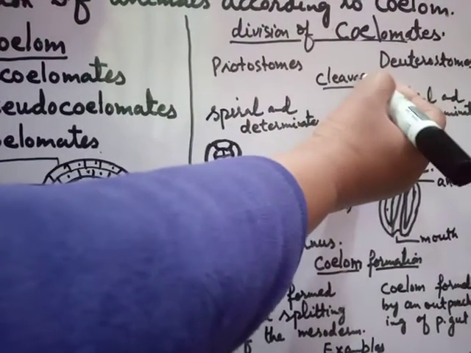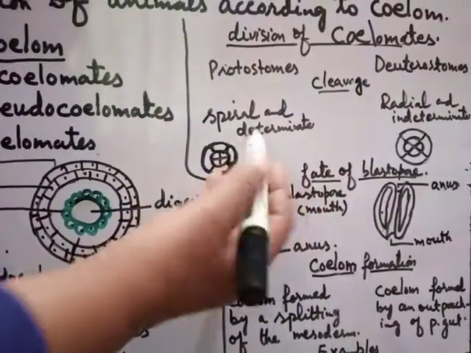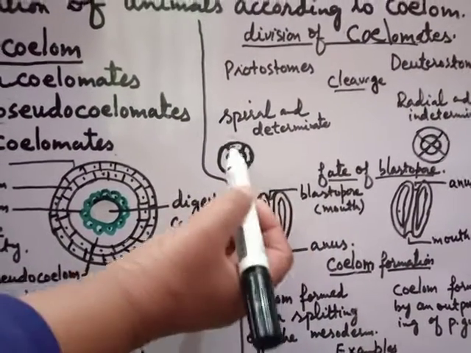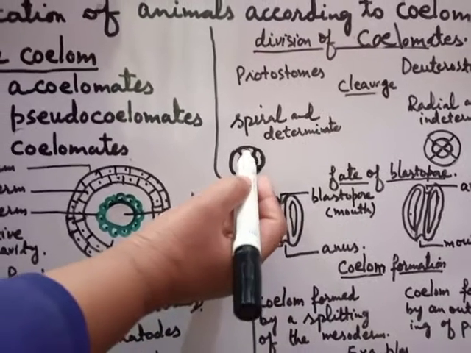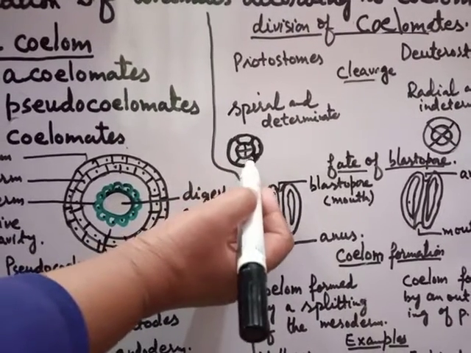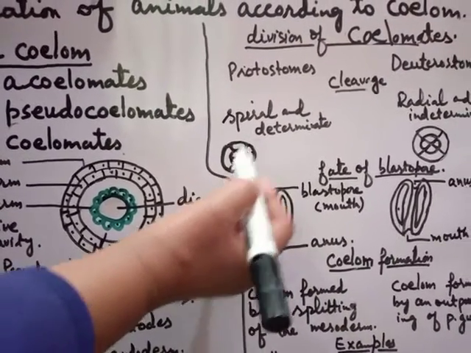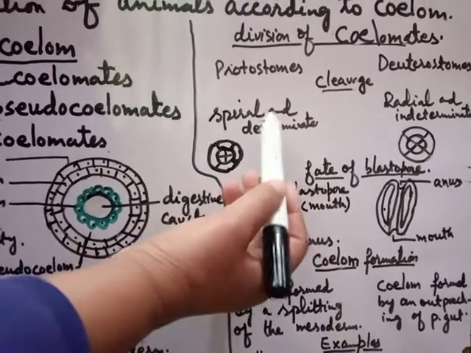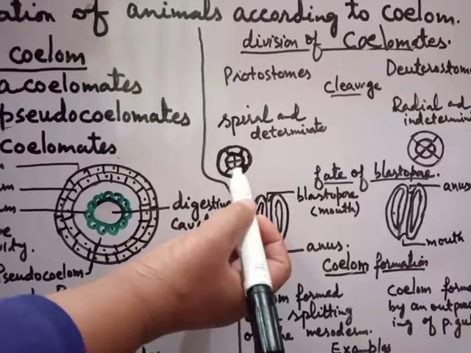Then cleavage. Here, when the zygote starts dividing, cleavage is what, spiral. You can see here cells are spirally arranged, means cells are not upon each other but arranged spirally. And this pattern of cleavage is determinate.